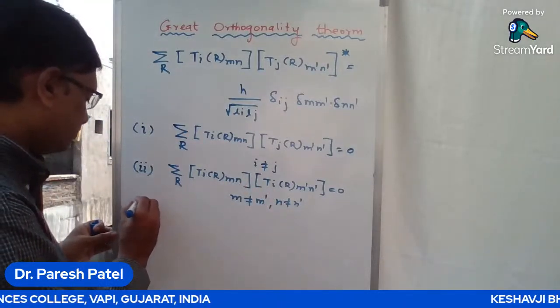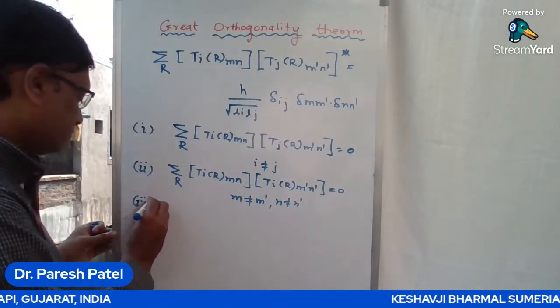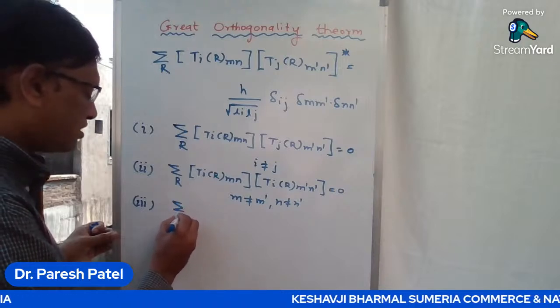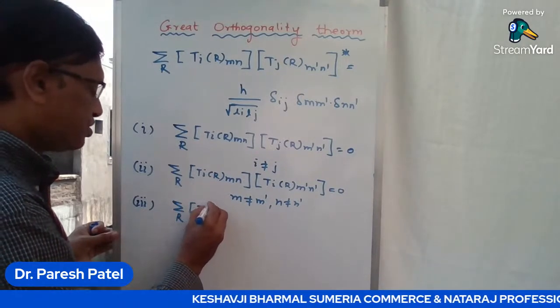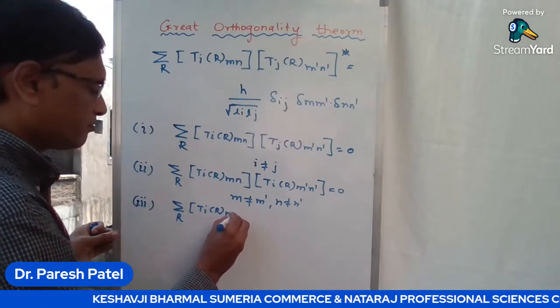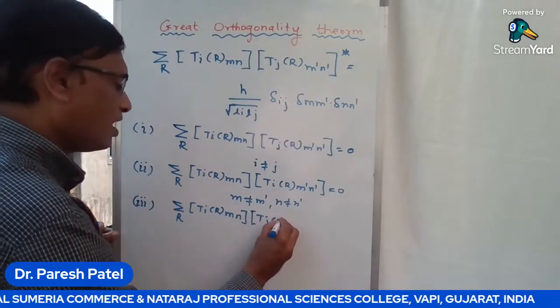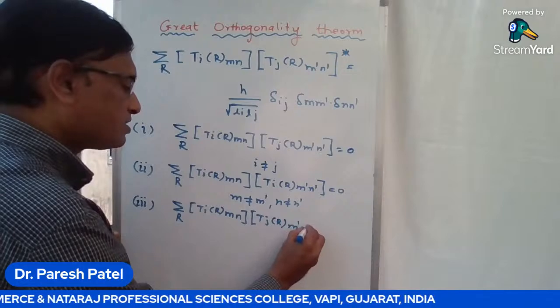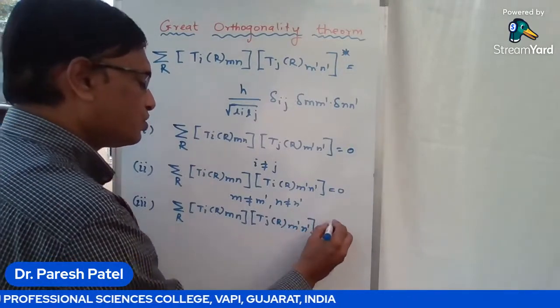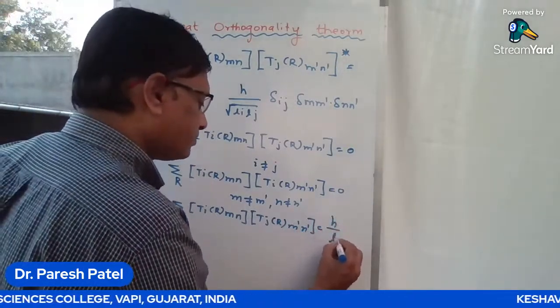And the last one: summation over R of Γi(R)mn Γj(R)m'n' is equal to h by li.